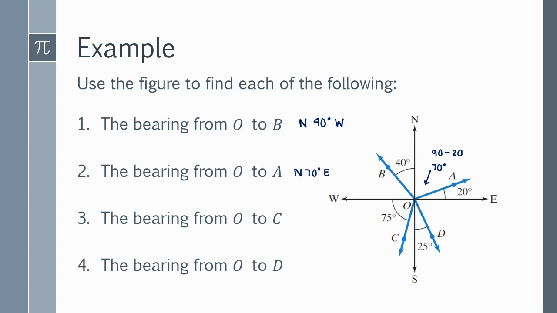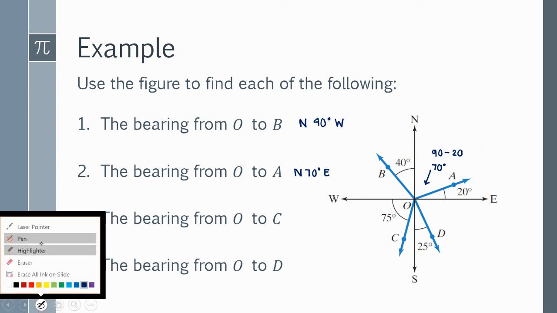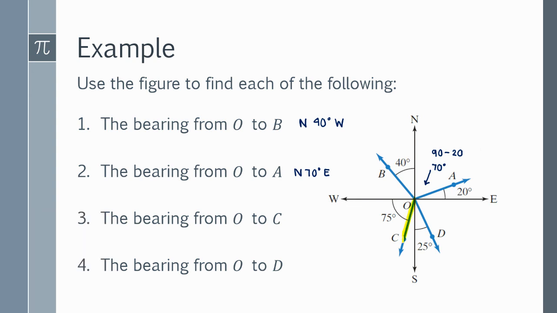If I look at the bearing from O to C, that's this ray here in the third quadrant. So remember, in this, I need to have the angle that's formed with the north-south line, and that would be this angle that is not listed. So we have to use that 75 degrees.